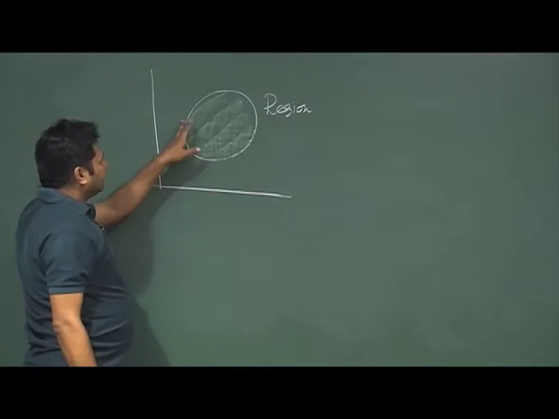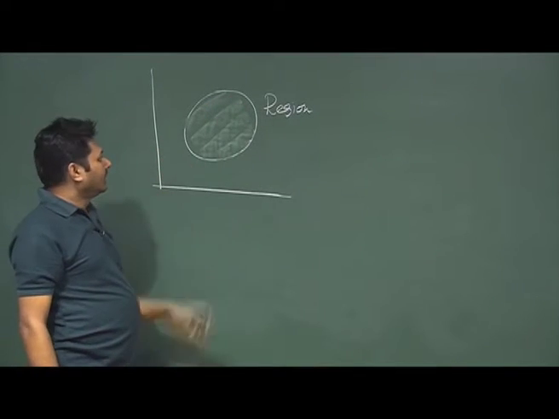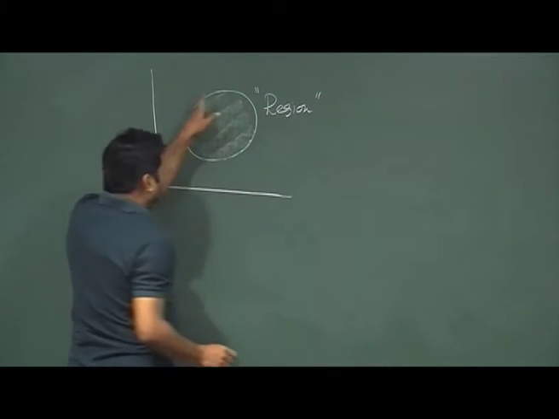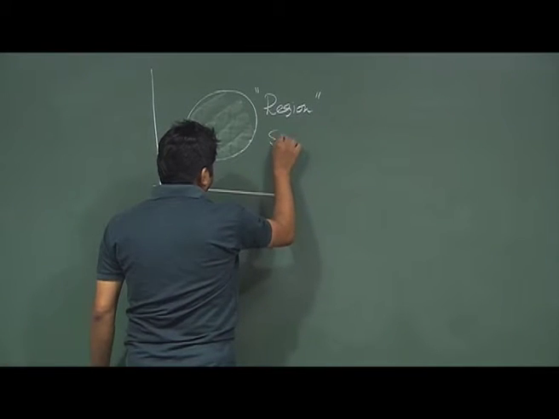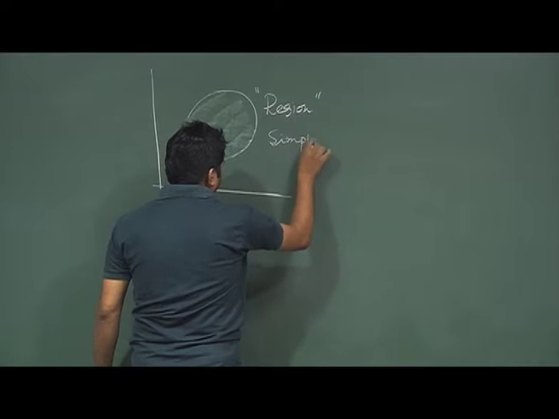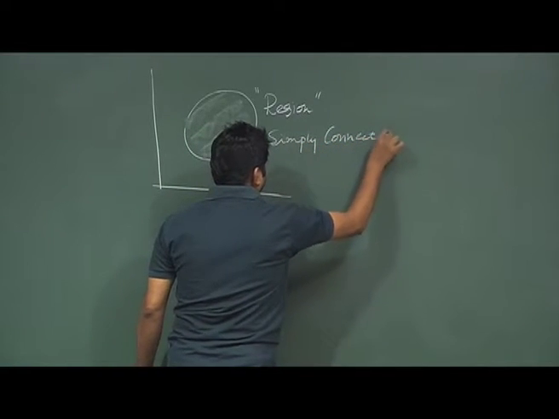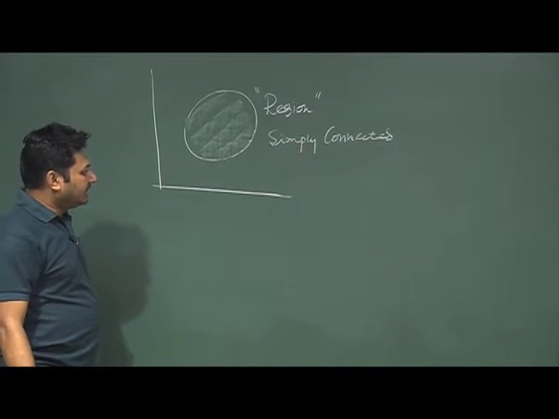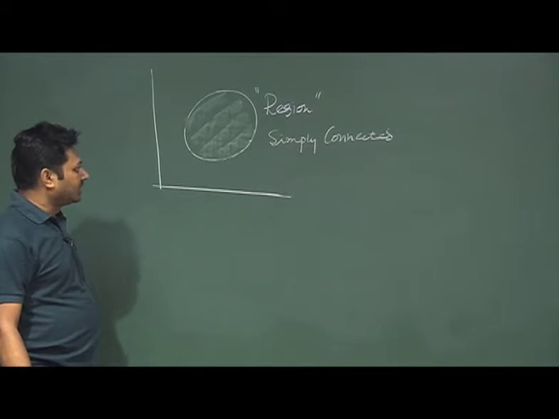Now, this region which is connected by a single closed loop is called simply connected. I will come back to this in more detail, but since we are dealing with the integration, line and region, it is better to just introduce how these things work. So, it is a simply connected region.